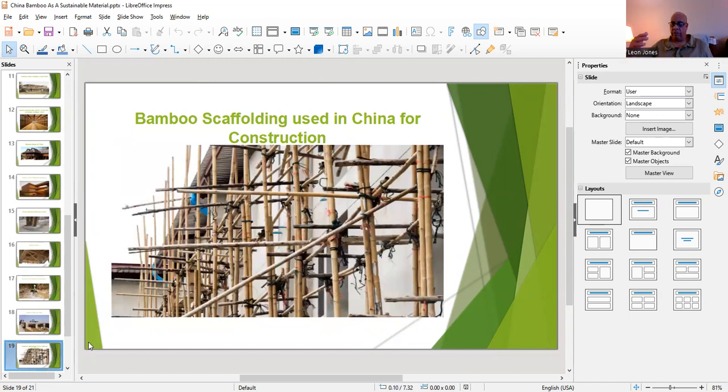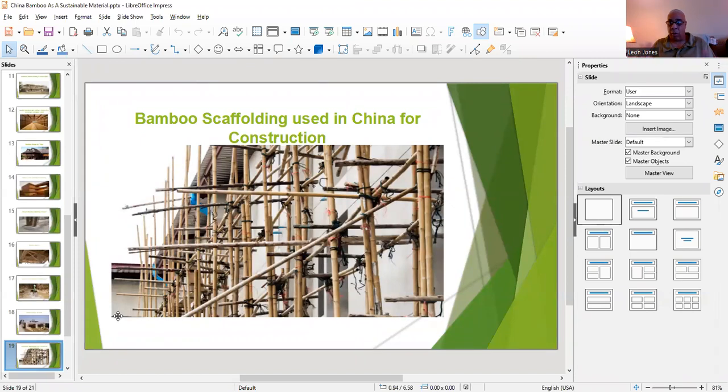In construction, we use a lot of scaffolding, especially when you're building buildings. This is scaffolding used for building. Now, again, I had to refer to China, or I could have done India as well, but the Asian countries are the countries that have the most bamboo.